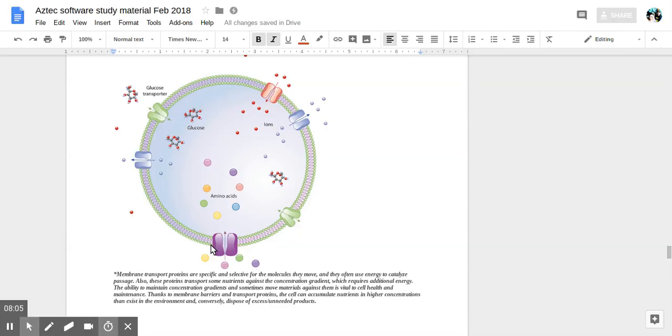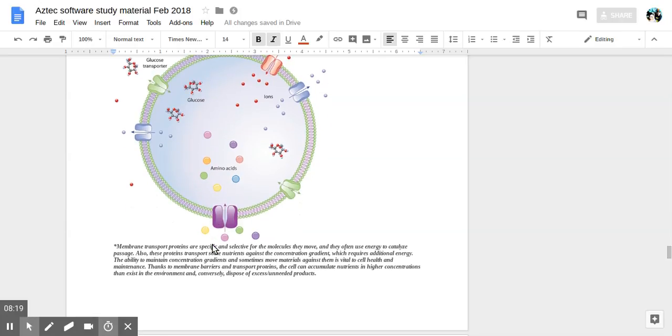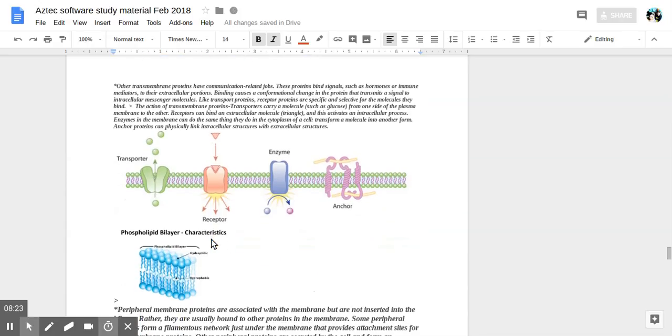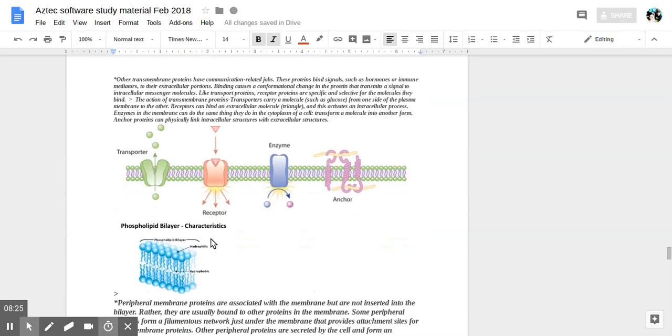Thanks to membrane barriers and transport proteins, the cell can accumulate nutrients in higher concentrations than exist in the environment, and conversely dispose of unneeded products as well, depending on where molecules are needed the most at different times in the cell cycle.